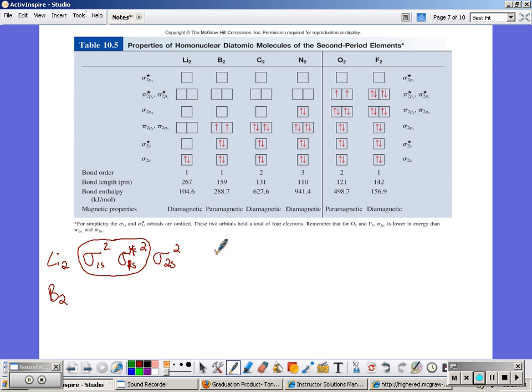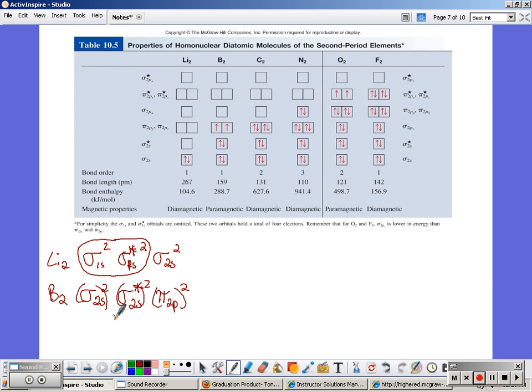So let's jump to just valence electrons. So for boron, we would have sigma 2s squared, sigma 2s anti squared, and then pi 2p pi squared. And you can see how it goes.